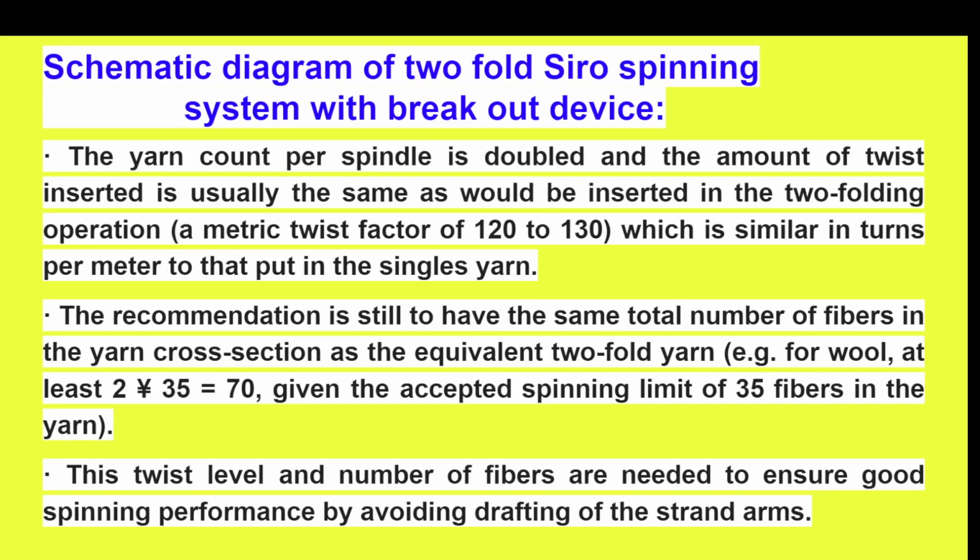But in Siro spinning you can achieve 2 by 40 on our ring spinning frame with the Siro spinning system, and our count will be reduced. If you are producing 2 by 40, then our resultant count will be 20. In this way, our production will be just double per spindle.